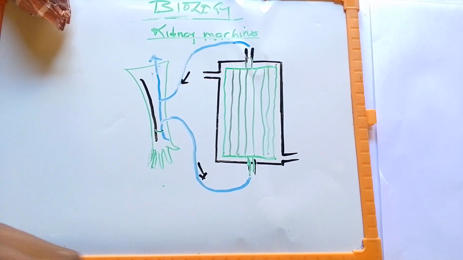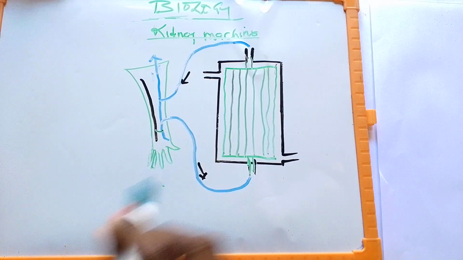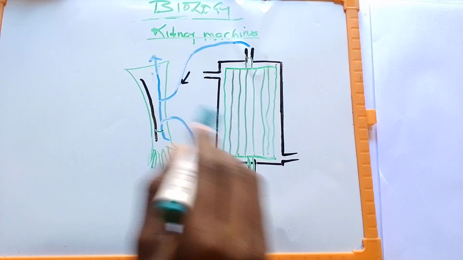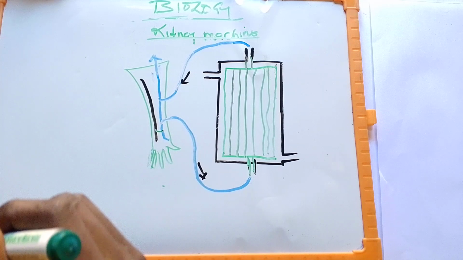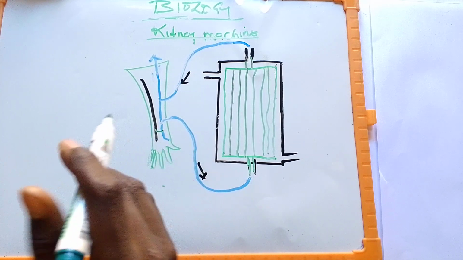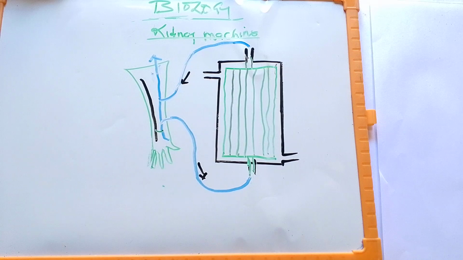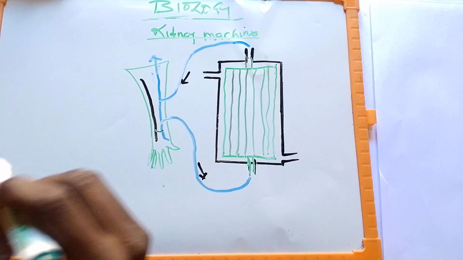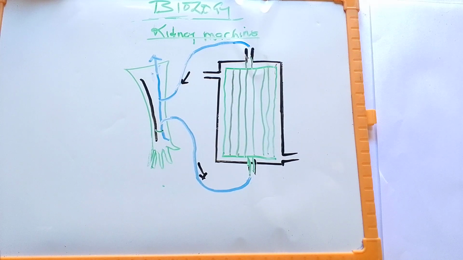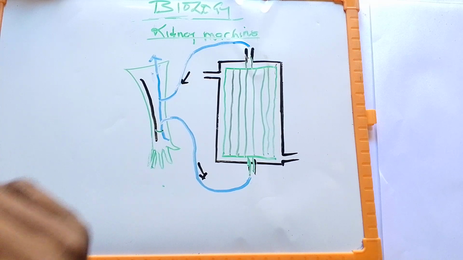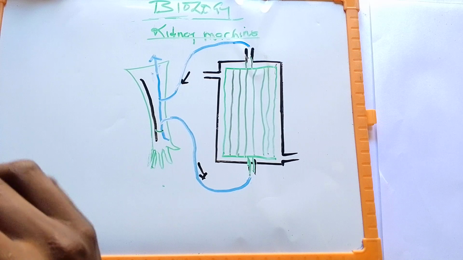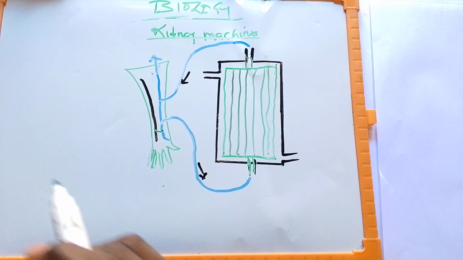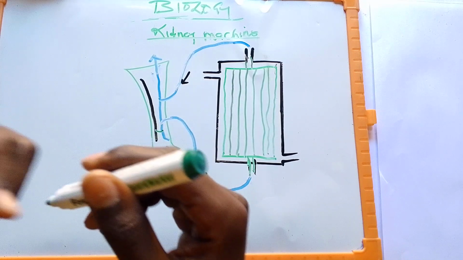Okay, so maybe before we look at the dialysis machine of the kidney, let me try to demonstrate how the proteins are digested to produce urea, and then how urea, when it dissolves in the blood plasma, is excreted by the kidney, as well as a small amount of urea being excreted by the skin.